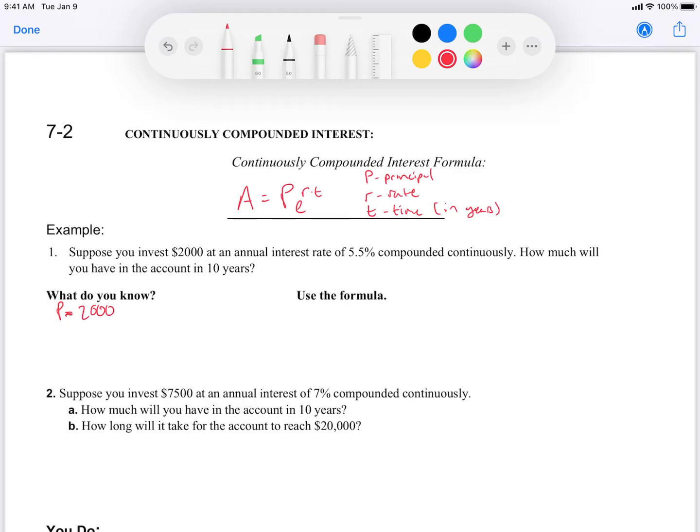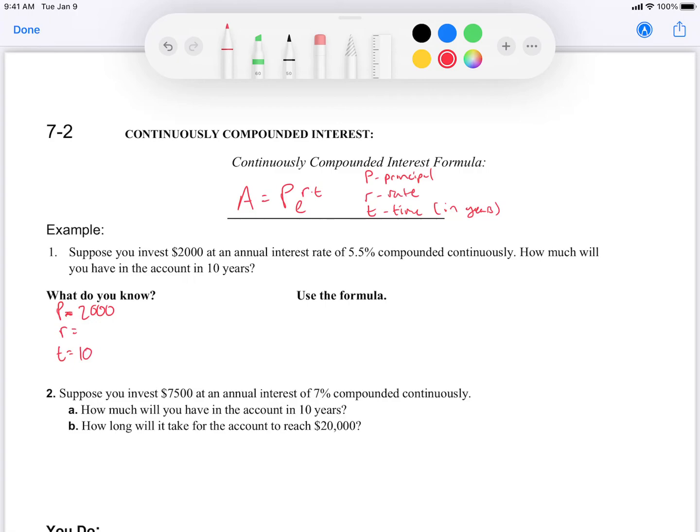What's that? We know the time. Okay, what's the time? 10 years. All right, we want to know what it is if I leave it in there for 10 years. Okay? What else do we know? The rate. Okay? What's the rate? It's 5.5%. Now, whenever we're going to plug this into our formula, we never want to run it as 5.5%.